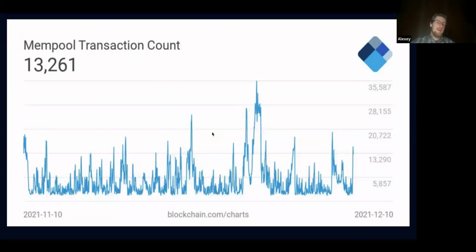And another graph is mempool transaction count. As you can see, it's very jagged, and here we have one more splash in this area. The number of transactions in the mempool, and by that we mean the number of valid unconfirmed transactions waiting to be confirmed, can vary really significantly, from a few thousands to tens of thousands, like here.